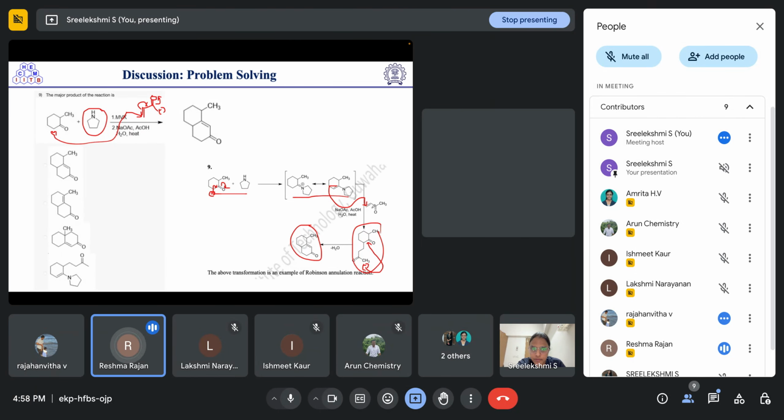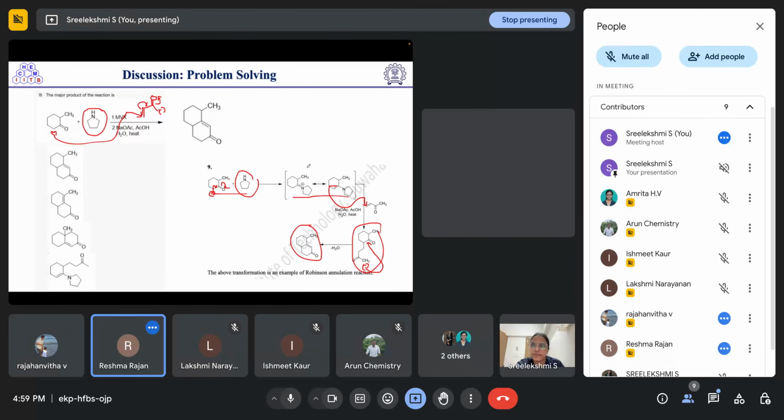The same thing is happening here as well. But there is no carbonyl group here. A carbonyl group is not needed. Enamines are more reactive than carbonyl groups. That's why first we convert this ketone into the enamine, and then it undergoes this aldol reaction. So that is the use of the secondary amine in particular. It forms this kind of enamine, and that is more reactive towards the aldol reaction.